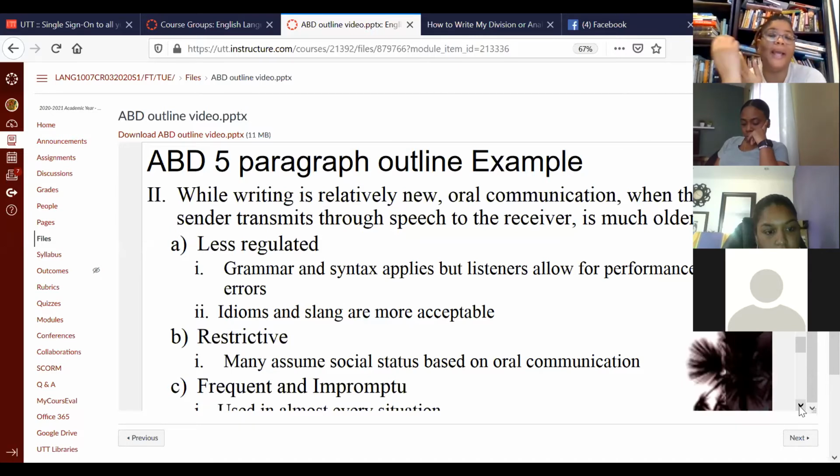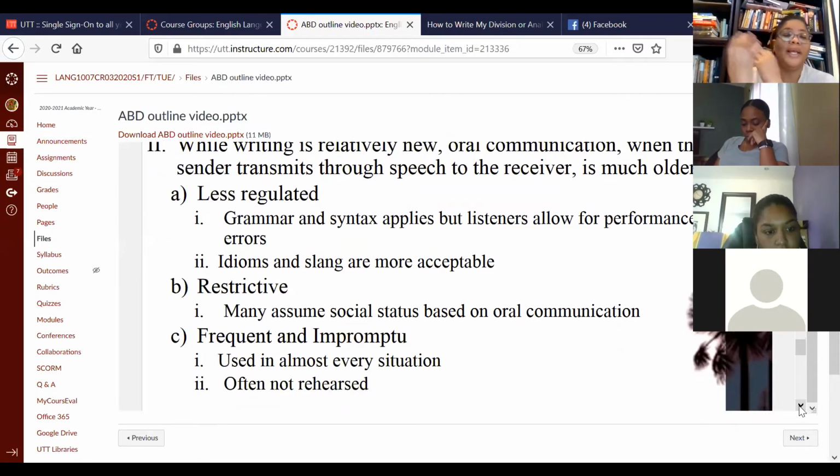It's a formalized language, right? So it's less regulated, it's less restrictive, so that more people can communicate with oral communication, we have different judgments. It's usually more frequent and impromptu, right? So whereas if I'm in a gathering, I won't write a note necessarily to communicate. I will just speak. So it's less restrictive in that sense. It's restrictive in another sense in that we attach social status to it.